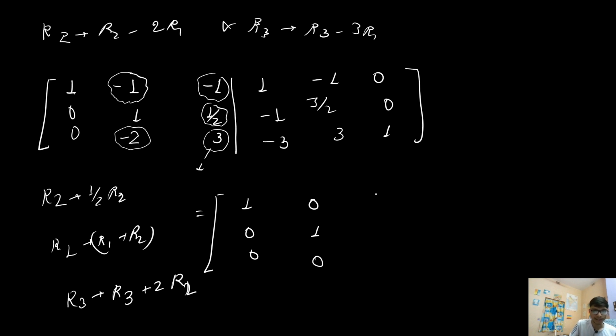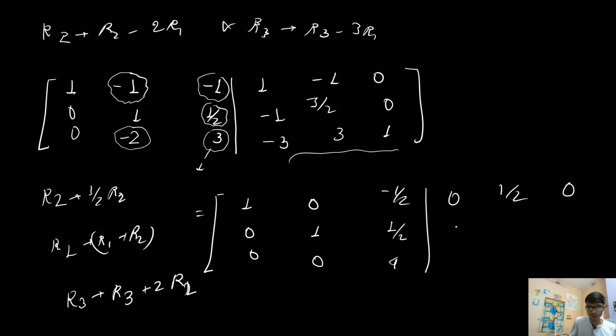So I get 0, minus 1 by 2, 1 by 2, and 4 over here, and with a similar operation on this matrix, I get 0, 1 by 2, 0, minus 1, 3 by 2, 0, minus 5, minus 6, and 1 over here.